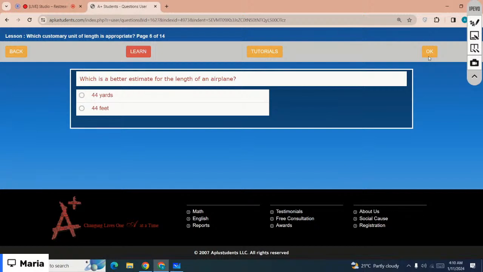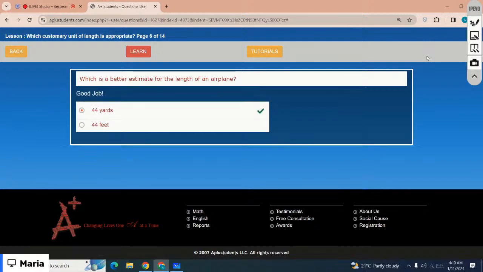The length of an airplane must be 44 yards. An airplane is big, so it must be 44 yards because 44 feet is too small for an airplane. That is 44 yards. Got it?